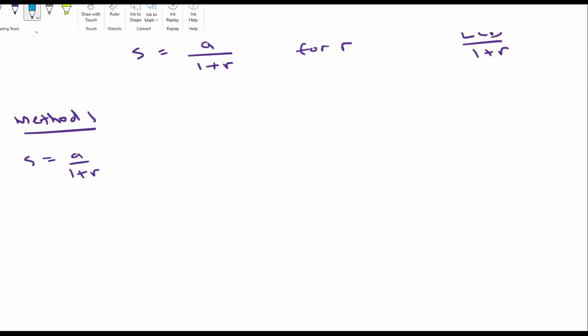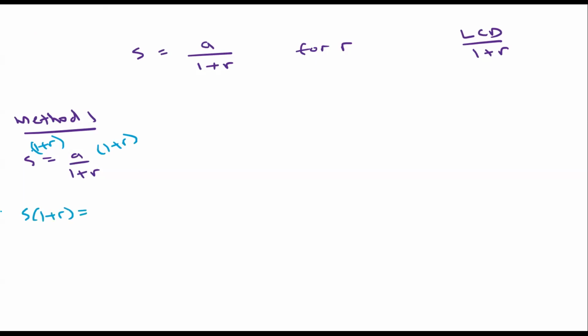So I have 1 plus r here, times that by 1 plus r here. Okay, so that's going to give us s times 1 plus r, and then the 1 plus r is going to cancel on the right side, leaving us with just a.